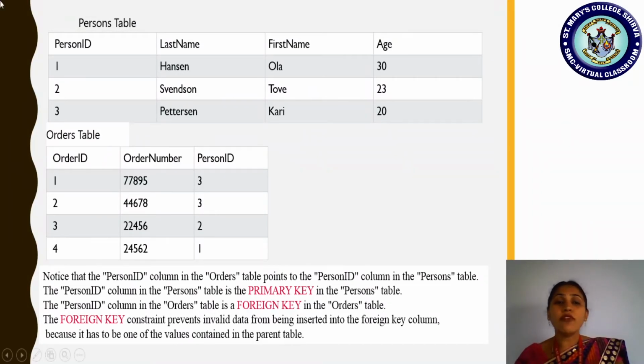It means that 4 and 5 don't exist in the person table, in the person ID. So this foreign key prevents any data entry by mistake; if any invalid data is entered, it recognizes that and throws the proper error. So this is about the foreign key constraint.